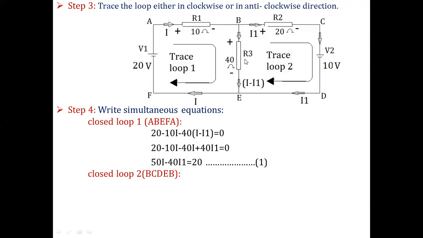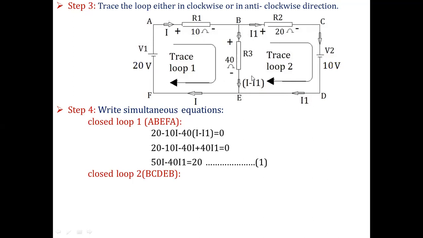B to C, the current is flowing, minus 20 I1. Very good, minus 20 I1. Next C to D, minus 10. Okay, correct, minus 10. D to E, 0, no voltage drop here.